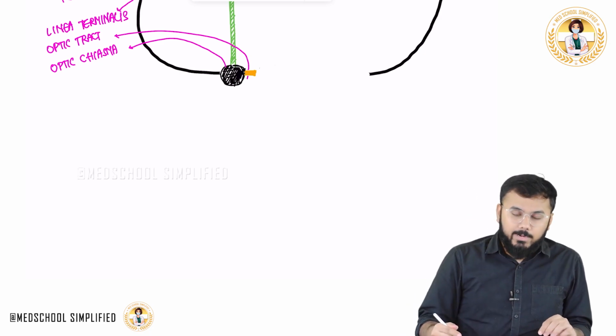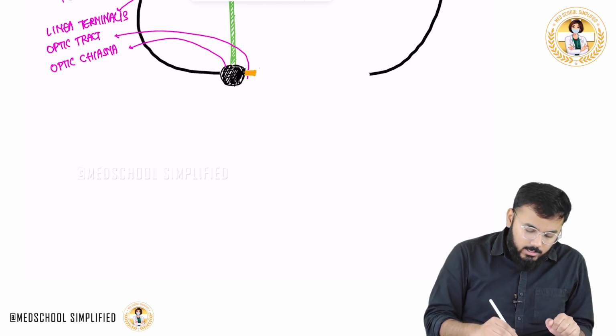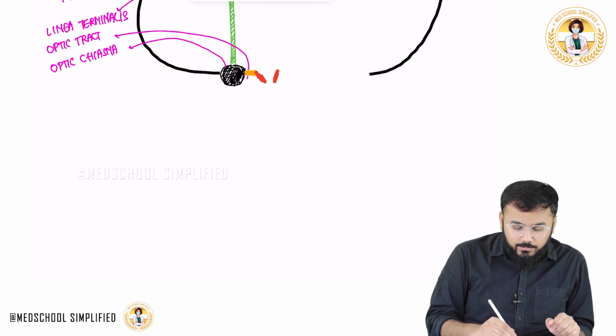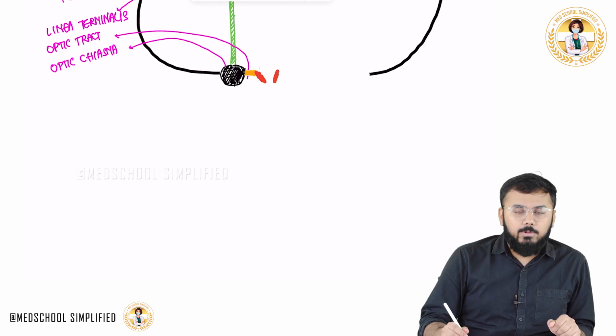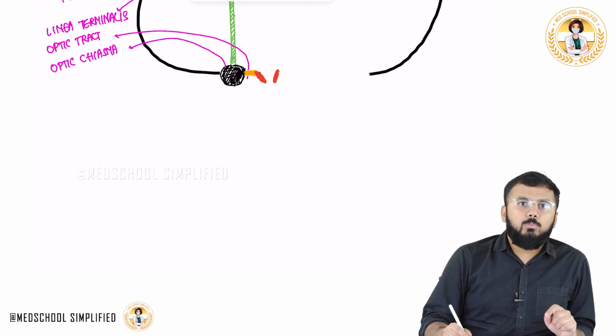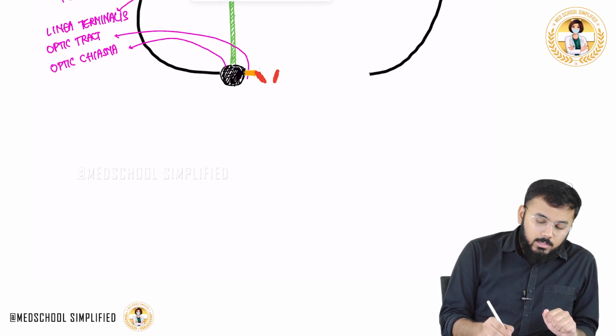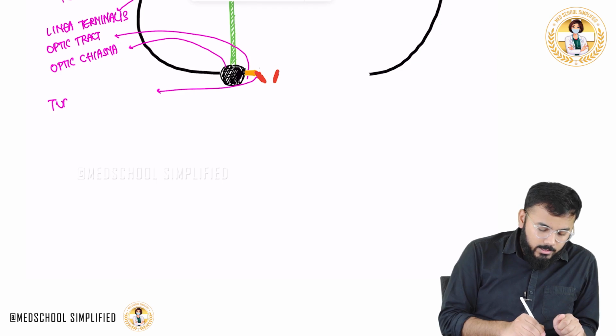Now after this optic tract, you see two important bodies over here. This is very important. You see one structure like this, another structure in this way. This structure is called your tuber cinereum.